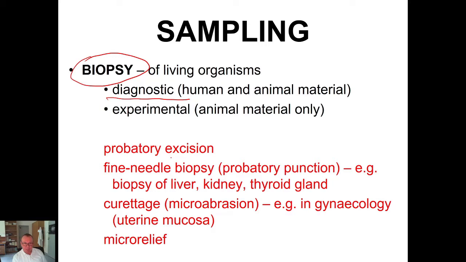Biopsy can also be experimental. There are experiments with laboratory animals where we also collect specimens. The method of obtaining bioptic material can be very variable. Probatory excision means just cutting out some small piece of tissue.